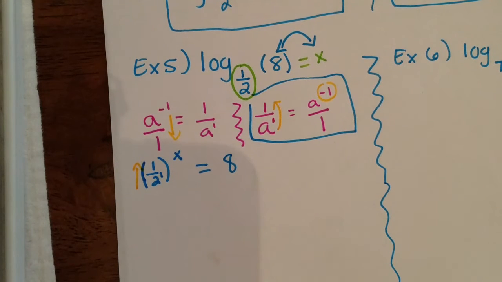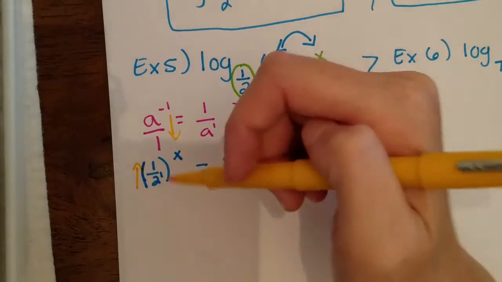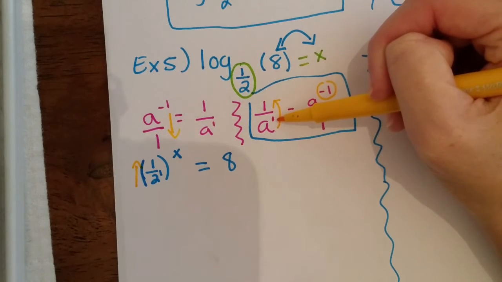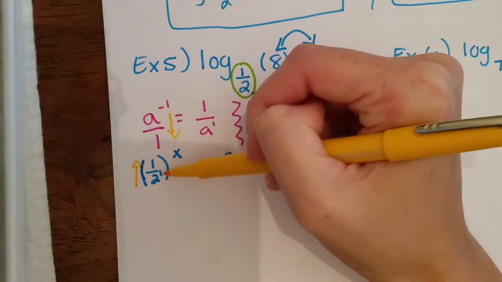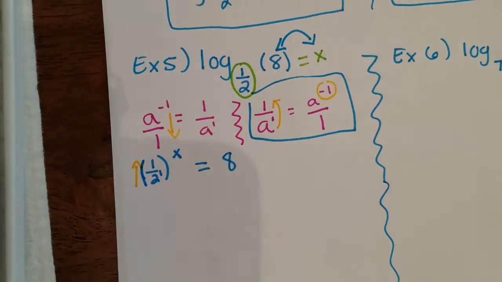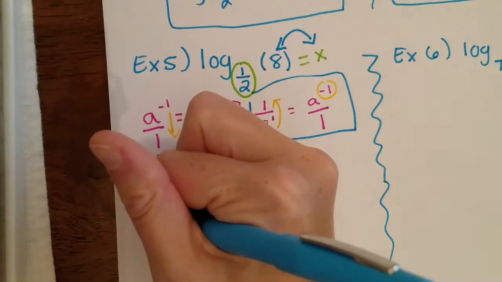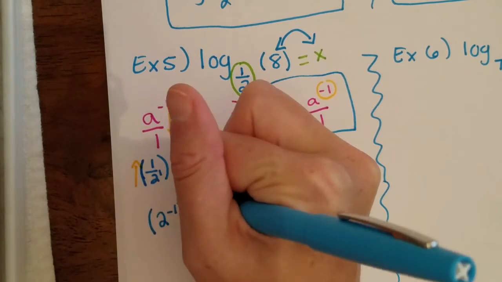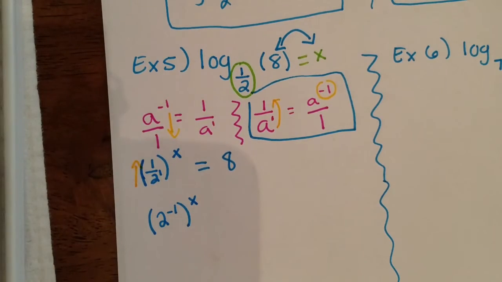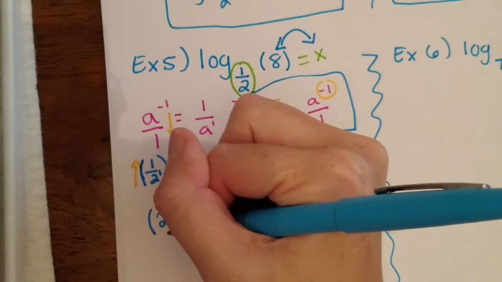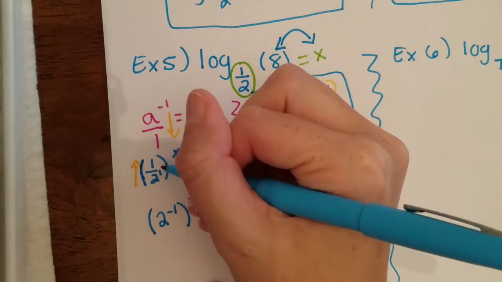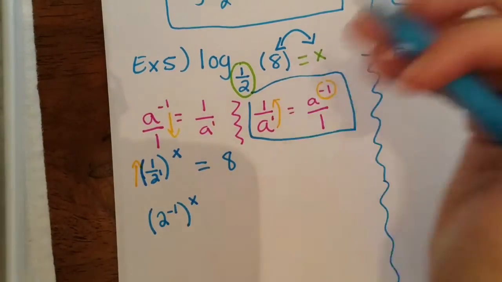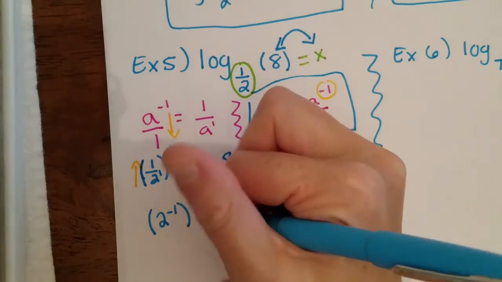That way I can possibly get the same base on both sides. So the way we move something to the top of a fraction, we just change the sign of the exponent. So since this is a positive 1 down here, when we move it to the top, it'll change to a negative 1. So this is the same as 2 to the negative 1. Secretly this is over a 1, because I moved it from the denominator. There's still a 1 there, but I'm not going to write it in the problem because it'll make it look a little more confusing.